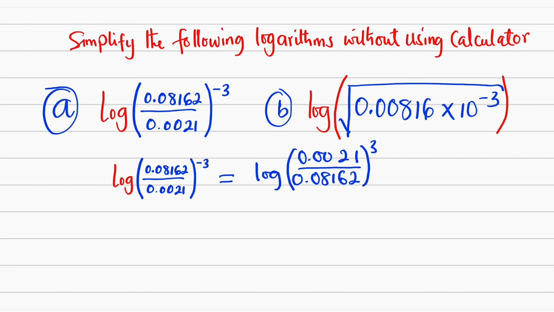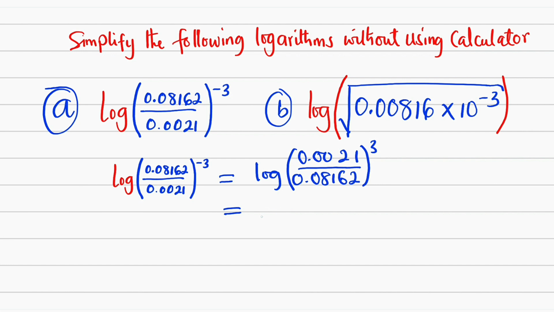Now remember that if you have log of a number, say x, raised to the power of a number n, this can be written as n multiplied by log of x. You can see the power becomes the multiple of our log. We can transform this in this form as well. So let's go ahead and do that.